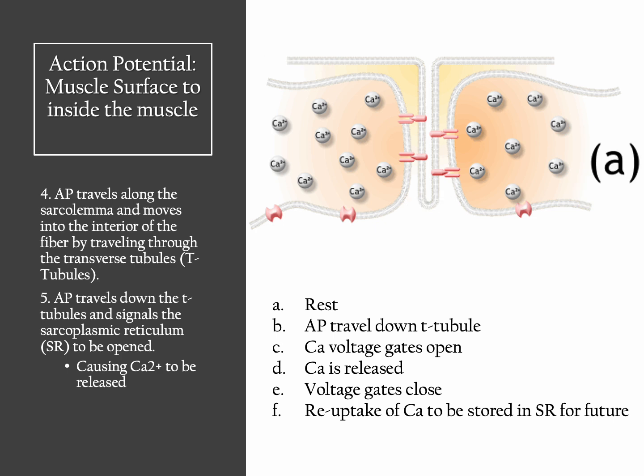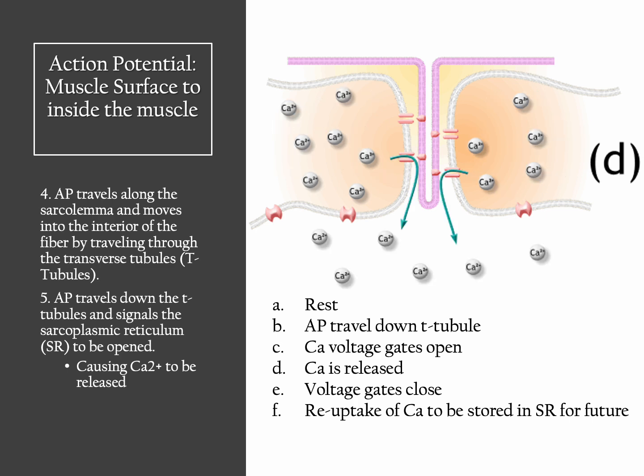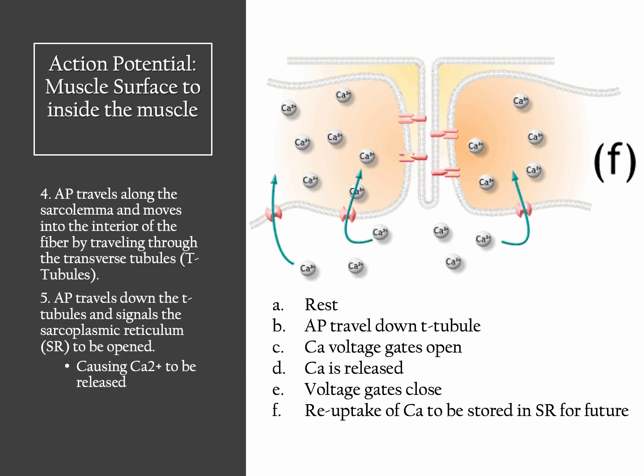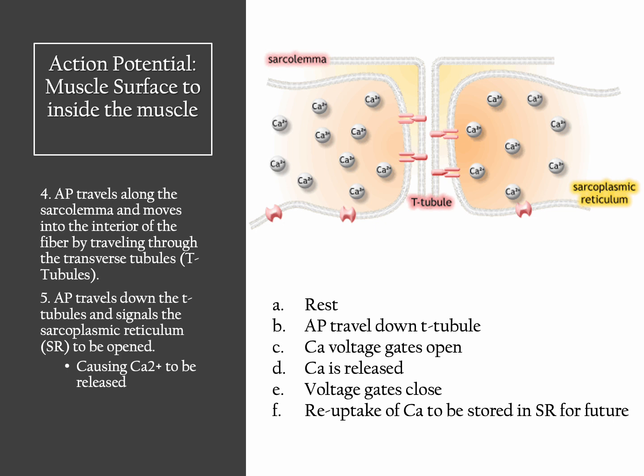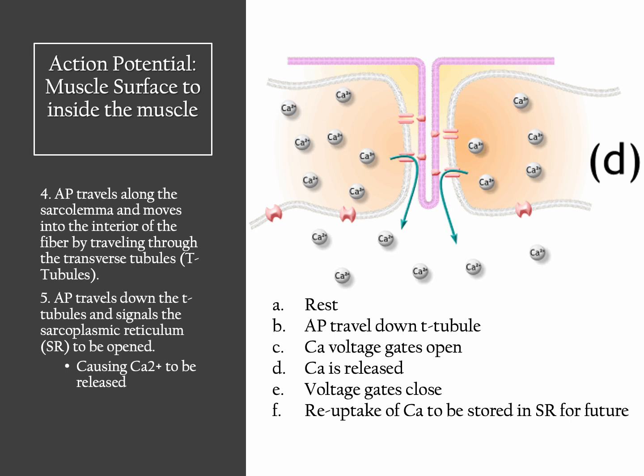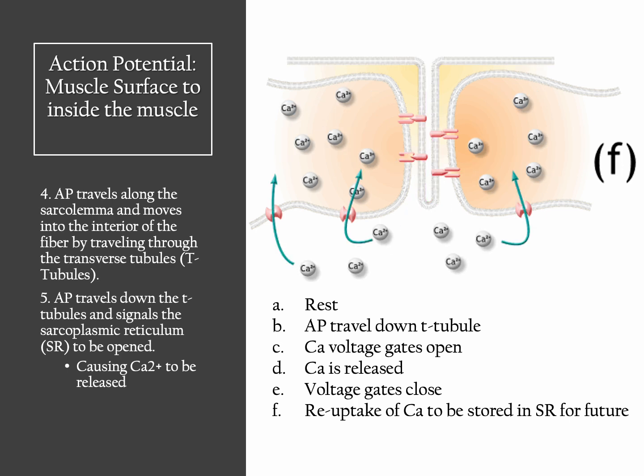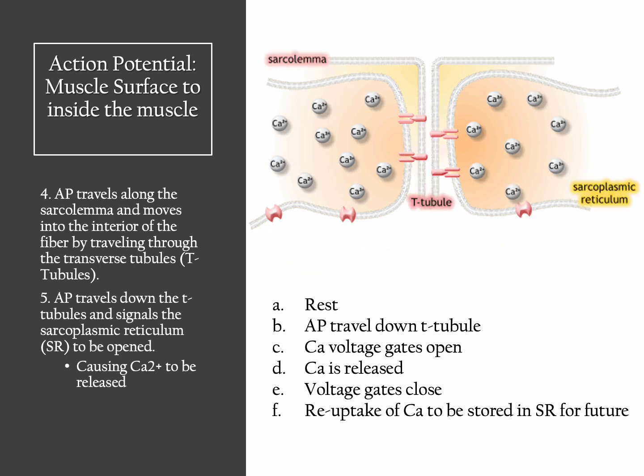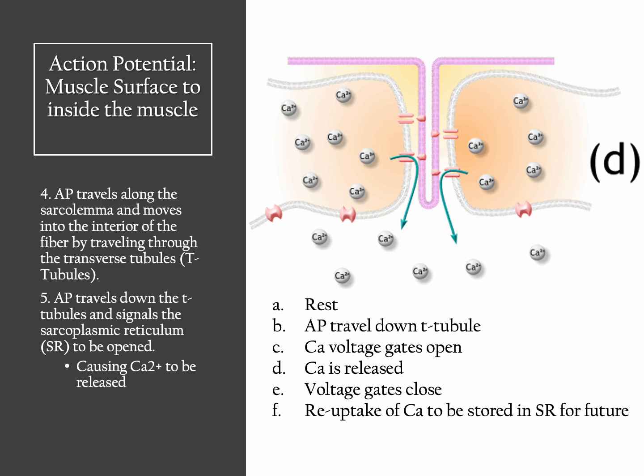Once signaled by this electrical signal, the SR causes calcium to be released. So the calcium voltage gates are opened as a result of the action potential traveling into the muscle. Those voltage gates open, calcium is released, and then continues along this process.